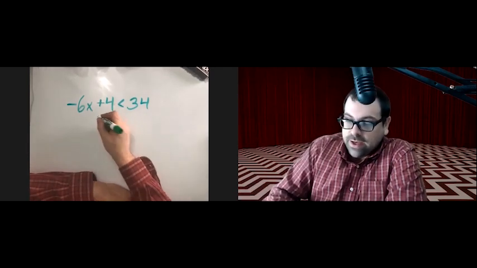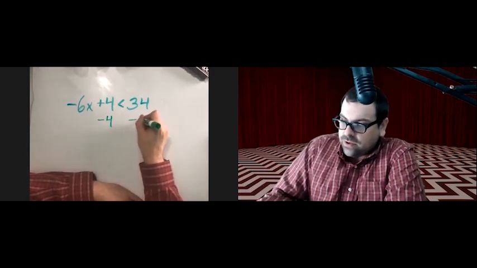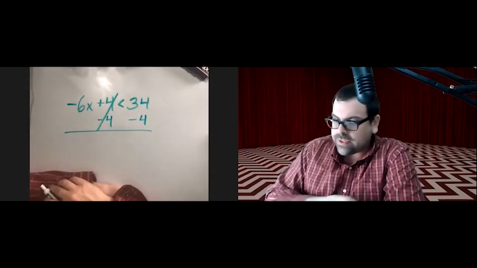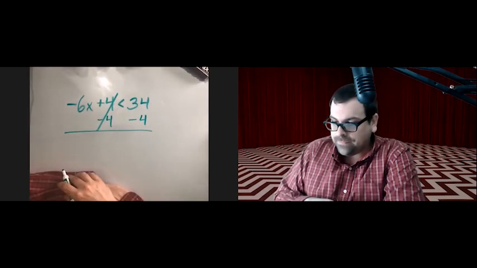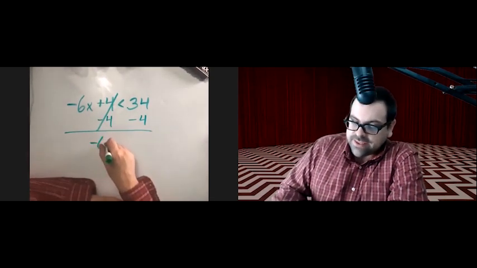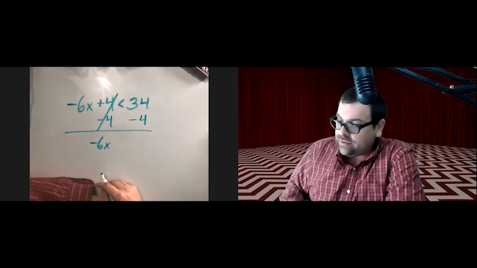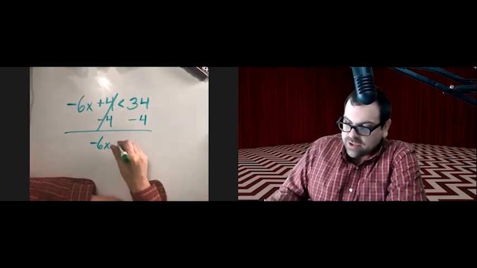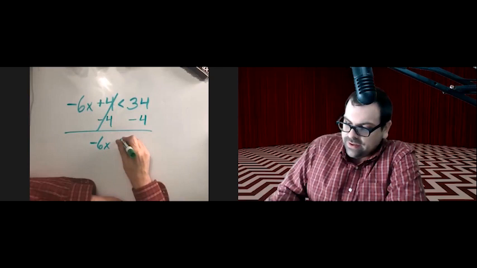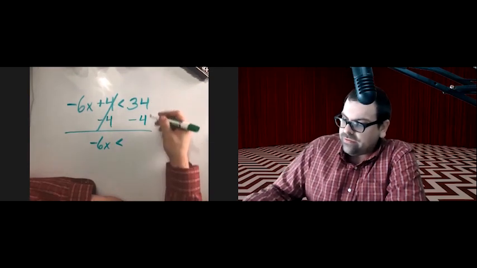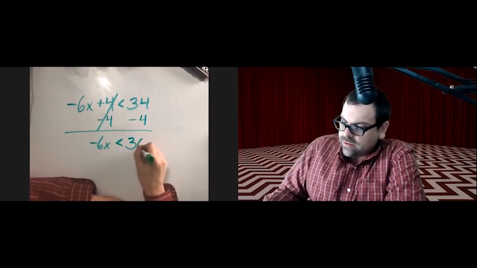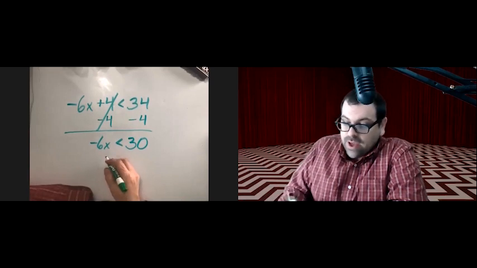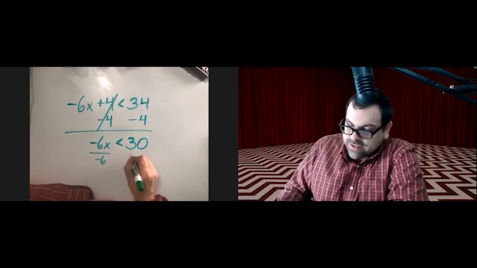Well, I can go ahead and subtract 4 from both sides because I want to keep it balanced. That leaves me with negative 6x on the left. Subtracting 4, that's not multiplying or dividing by a negative. So keep the sign like it is. 34 minus 4 is 30. I want to get the x by itself. I'm going to divide by negative 6.